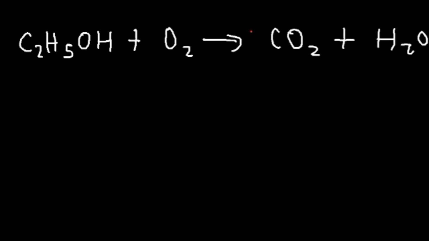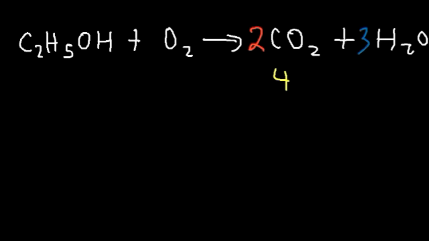Notice that we have two carbon atoms on the left side. Whenever you balance a combustion reaction, balance the carbon atoms first, and after that we move on to the hydrogen atoms, and save the oxygen atoms for last.